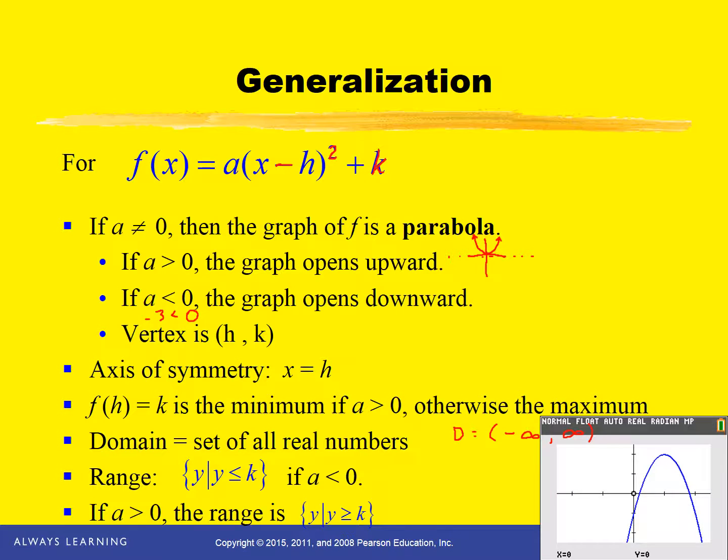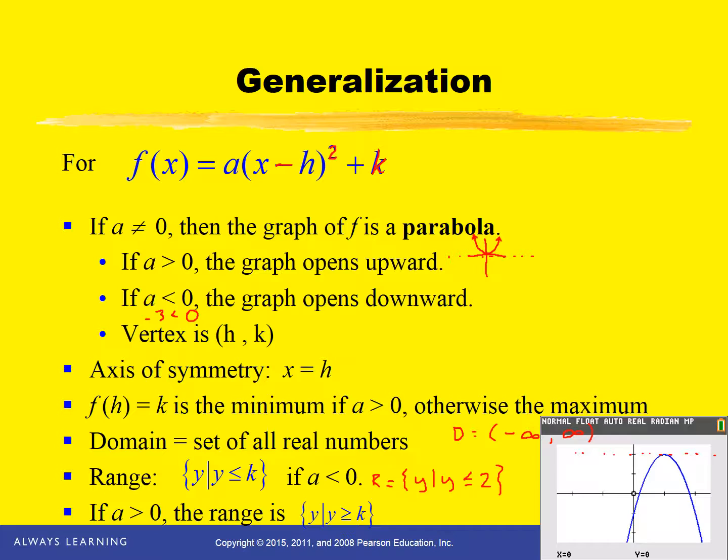And so again, here's our graph, and the y values top out, in this case, at y equals 2. So for this, the range was the set of all real numbers y such that y is less than or equal to 2.